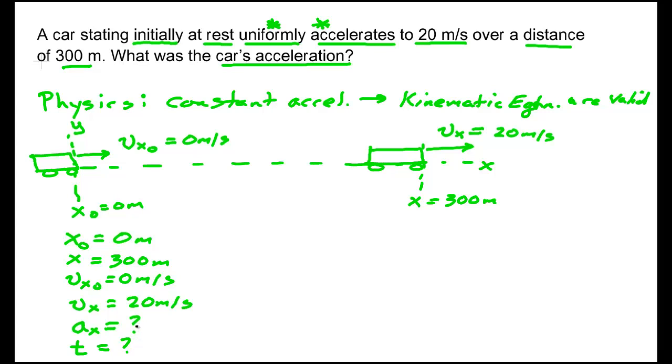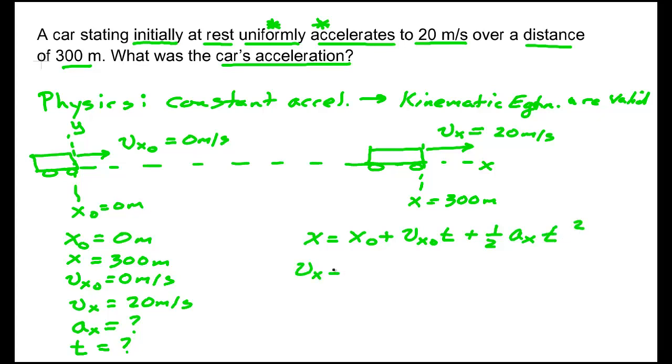There's two things that we can be asked in this type of problem to solve. Only two. The equations that are known to be true are the following. X is the initial position plus the initial velocity times time plus 1/2 the acceleration times time squared.